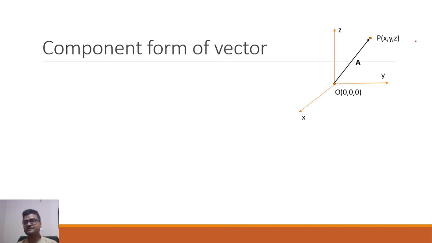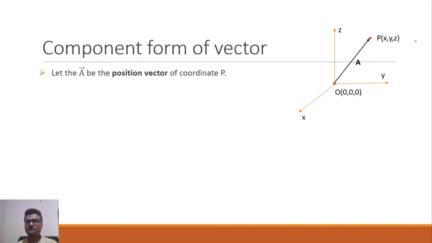Let us name it A. This vector is called a position vector. A position vector is the first vector that you will see introduced in electromagnetic theory, and it is needed to locate a coordinate. So in a vector system, if you want to locate a coordinate, you need a position vector. It is the bare minimum first vector that you will see.